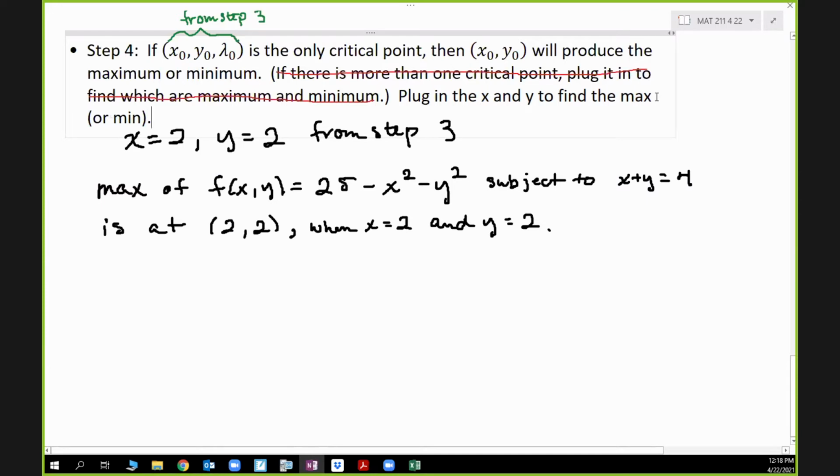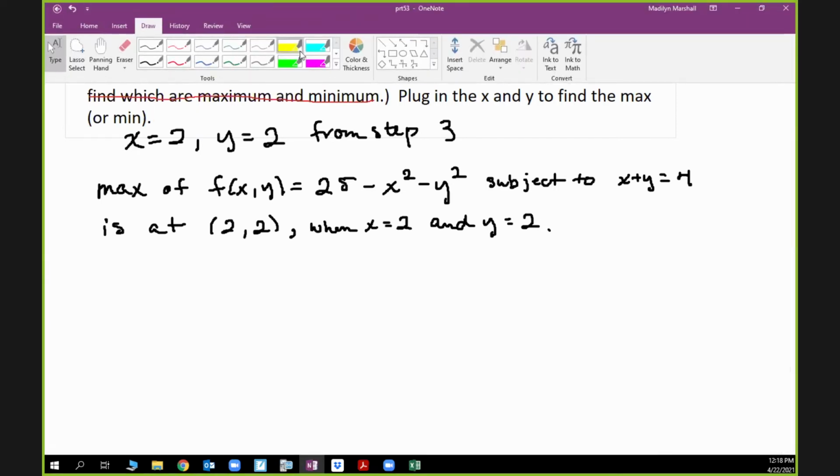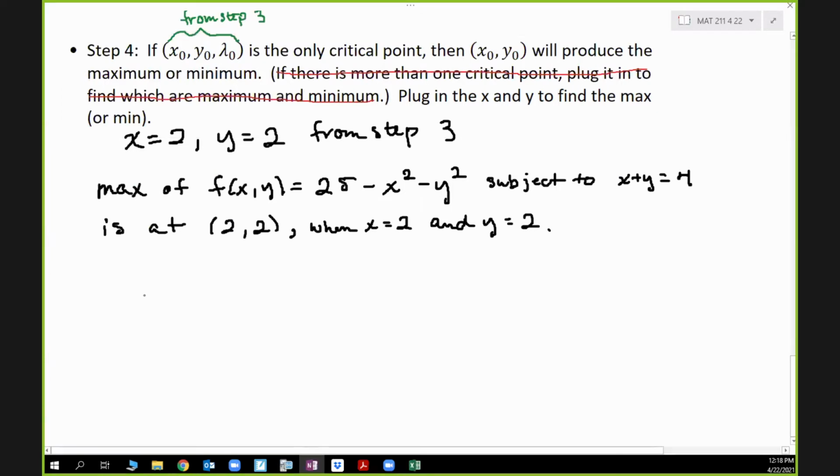So if this were a minimum problem, we would plug it in to find the minimum, but since this is a maximum problem, we are plugging it in to find the max. So we would plug these two into the original function. So we have f of 2, 2 equals 25 minus 2 squared minus 2 squared. So that will be 17.